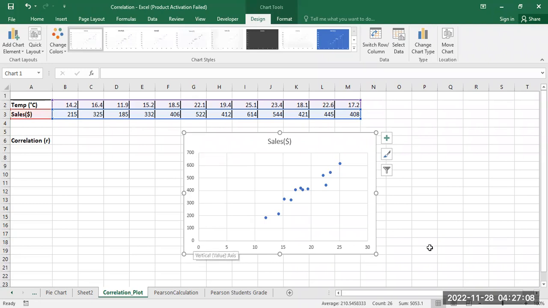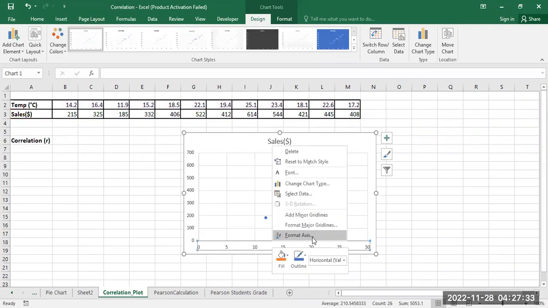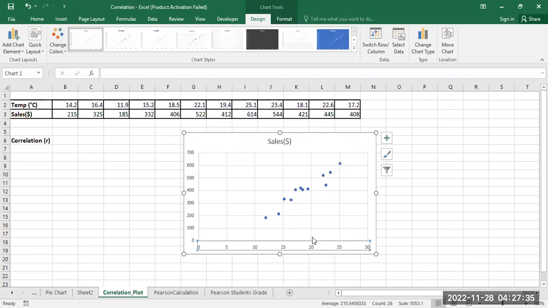Now the next thing I need to do is tweak this diagram a little. You can see that both the x and the y-axis start at 0. But of course, the minimum value of our temperature here is 14.2. So I'm going to place my cursor on the x-axis, click, and then right-click and go to Format Axis.